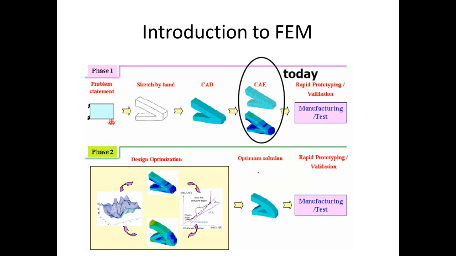Now what is the element, what is the node, we will see in a later part, but just remember the procedure. So this is the problem statement, then we do the sketch by hand, then the CAD model, and then we solve the FEA, or we can say CAE. Okay, so this is about the general.